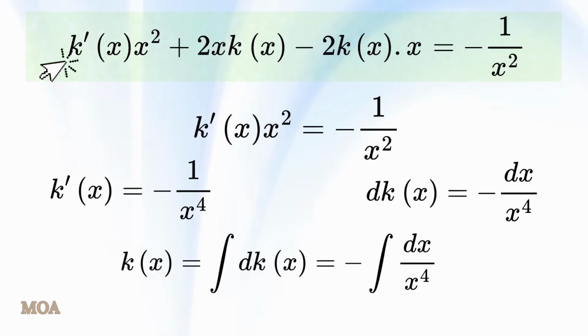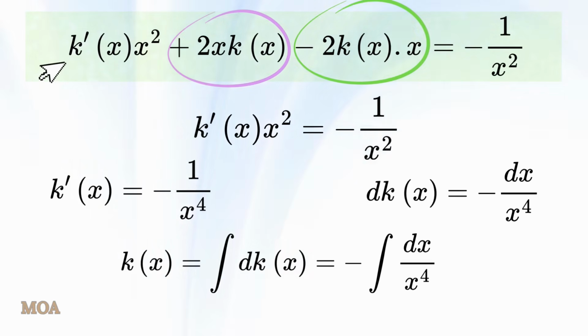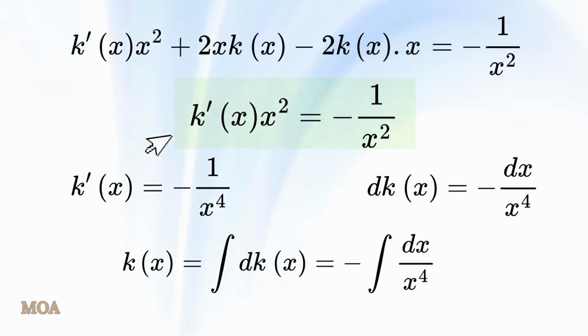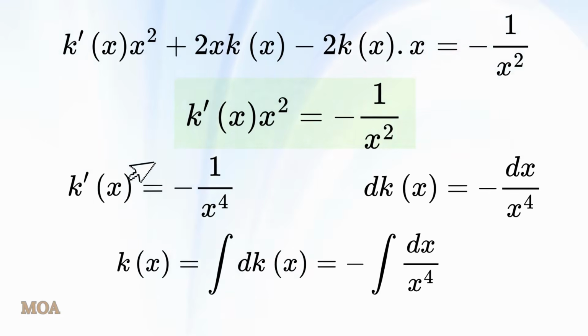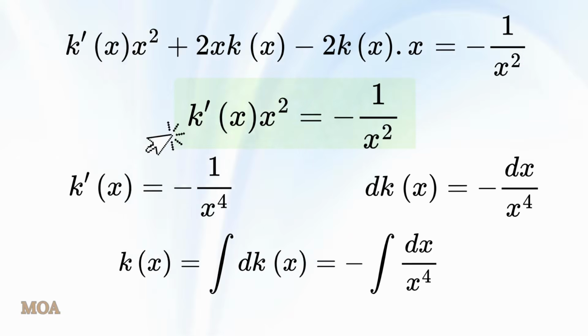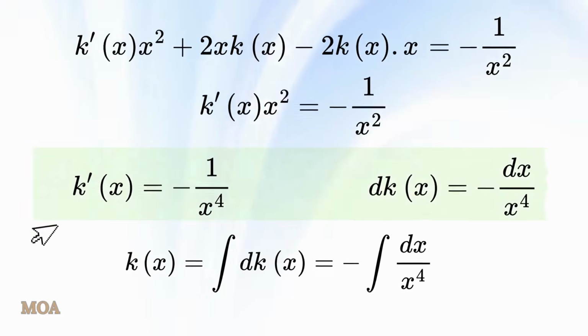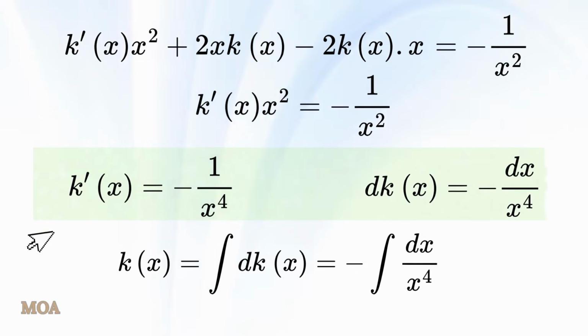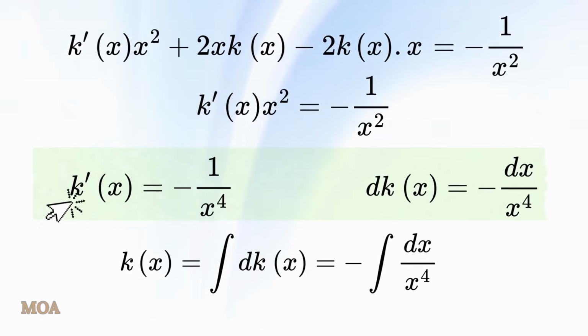Once again, the terms 2 times x times k of x and negative 2 times k of x times x cancel out, leaving k prime of x times x squared equals negative 1 over x squared, which is equivalent to k prime of x equals negative 1 over x to the fourth.